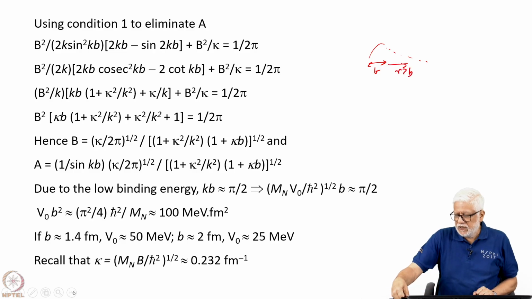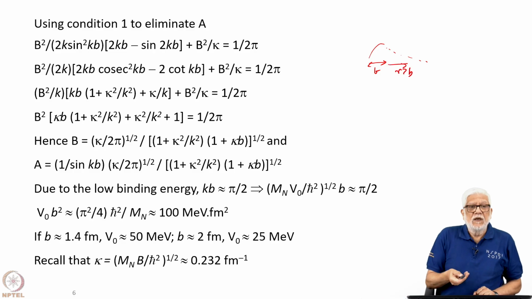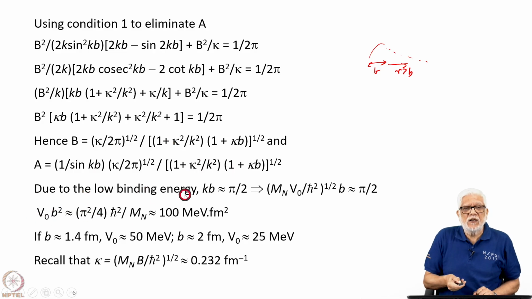Okay. So you can then fix the value for V0 b squared, and that turns out to be about 100 MeV Fermi squared. So you can have a different V0, but then the b is constrained by this relationship. Similarly, you can have a preferred b, but then V0 is constrained.